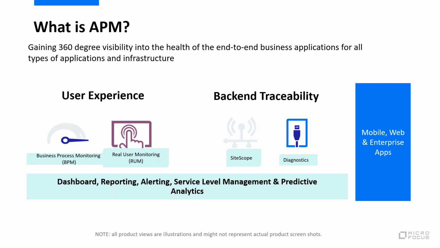APM is called application performance monitoring. Any application can be monitored with this APM. So we can have 360 visibility with APM for any business application. We can start from the UI and check the UI performance, and then dig through to the line of code where the problem lies.